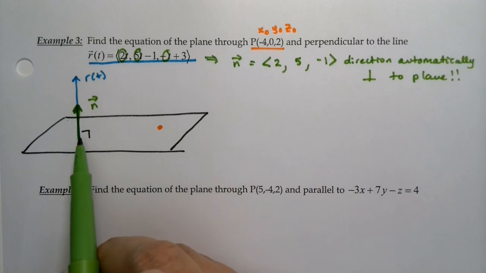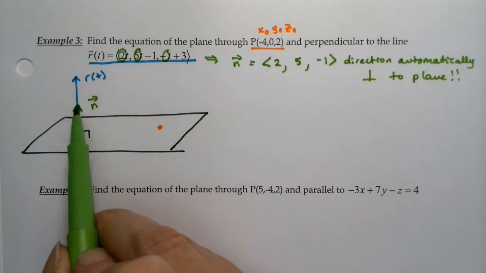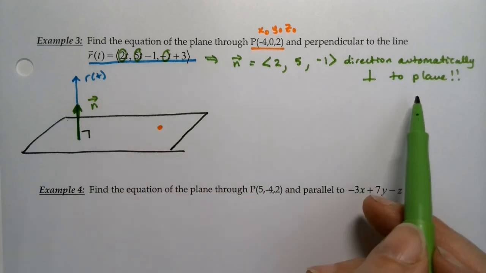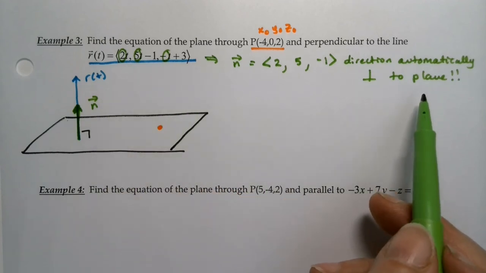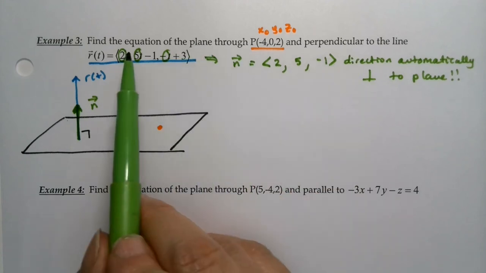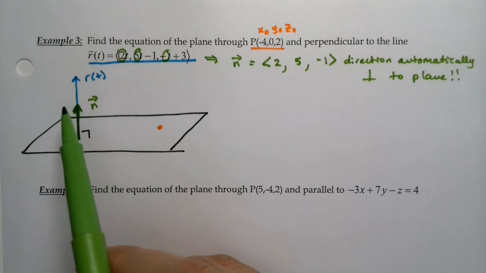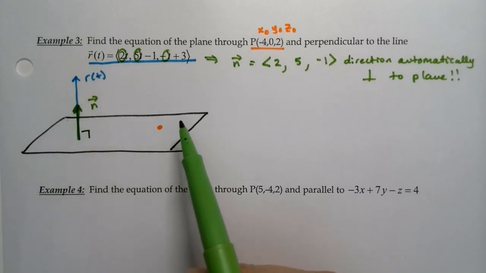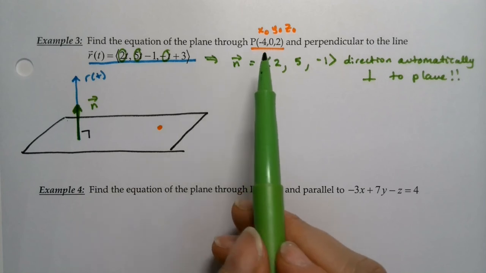Forgetting about the -1 and the 3, that will automatically be perpendicular to the plane. So I have my n, because they said they want the equation of the plane perpendicular to this line. Well, then that's my direction vector, period. That will be the normal piece. And then I will just use my point, and it's done.